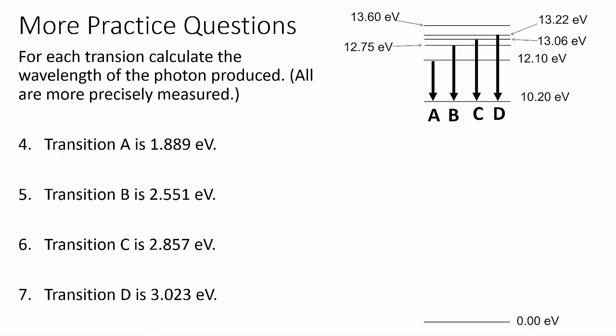So pause the playback here and go ahead and see if you can get answers for each of those. Keep track of the units while you're doing them. Write that 1240 electron volt nanometers with those units there and see how the units divide out. And that's an important part of it. The numbers mean nothing without the units.